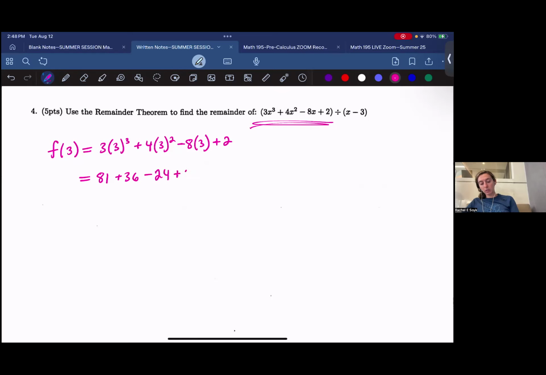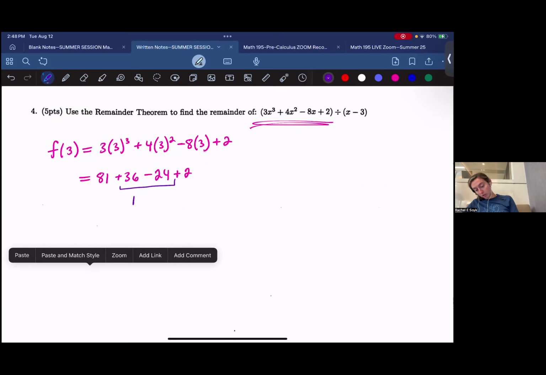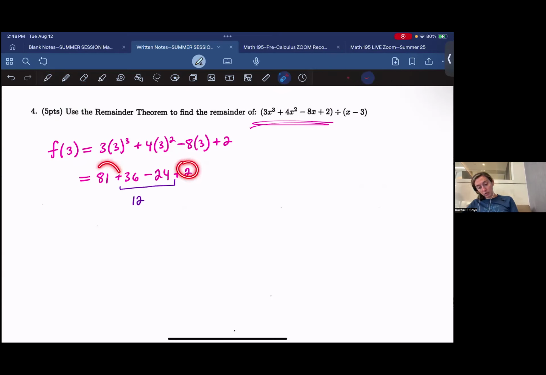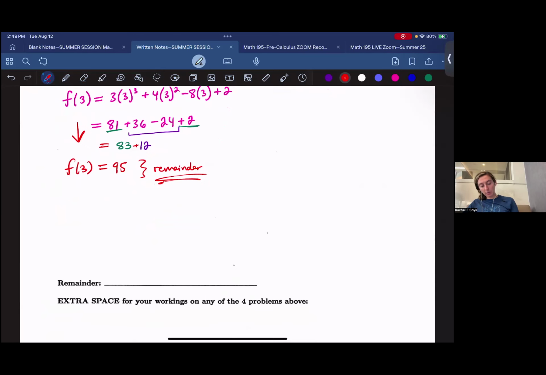Minus 24 plus 2. 36 minus 24 is 12. So we have 81 plus 12, plus another 2. So 81 plus 2 is 83. And then 83 plus 12 gives you 95, which tells us that our remainder is 95 when we divide it by x minus 3.